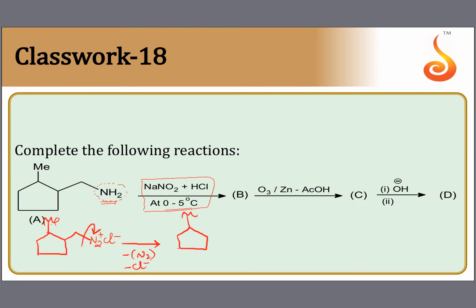But here the carbocation will undergo rearrangement because there is scope for conversion into a relatively stable carbocation. So whenever the carbocation formed is just attached to a smaller ring, there is a chance for ring expansion.